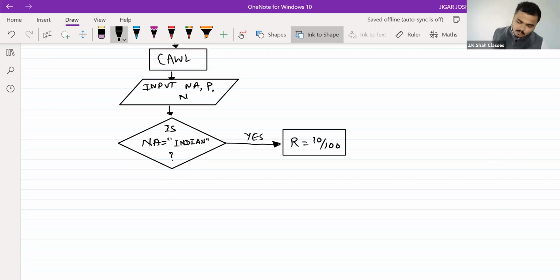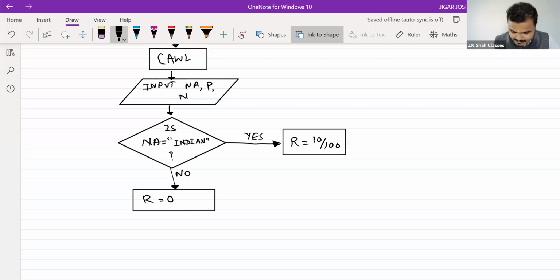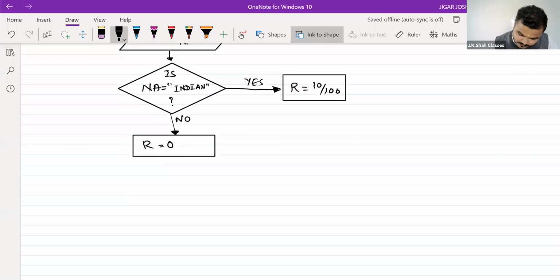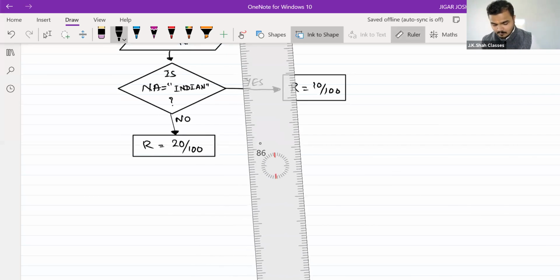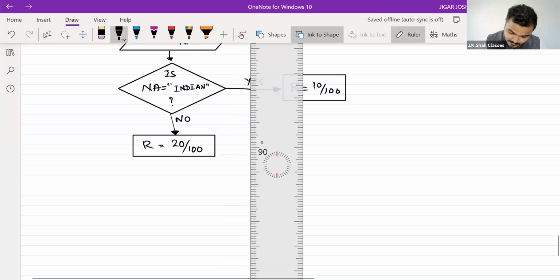For the Indian, he said no, I am not Indian. We said very good, fantastic. Then there is no other question to be asked whether you are a foreigner or not. Obviously, sir. We'll define rate here also. Then it is, sir, 20 divided by 100. Else you can write 0.20 also. Okay. Yes, sir. Now, sir, we want this scale, sir.